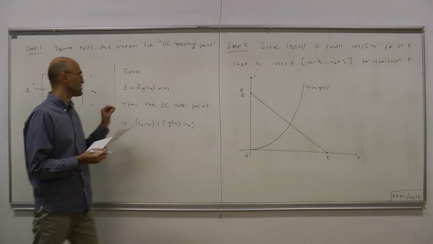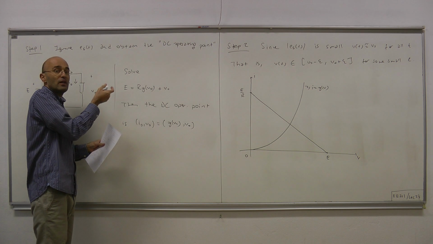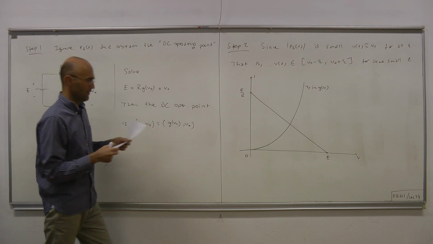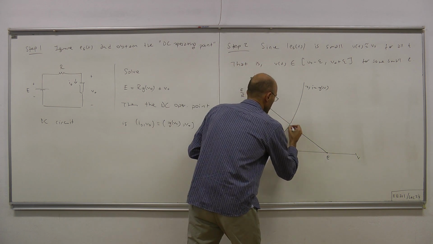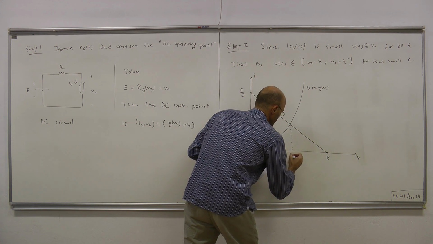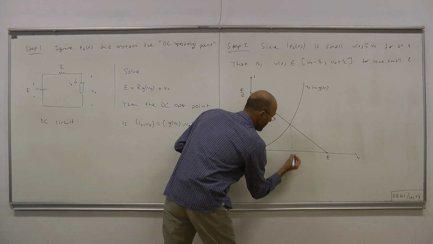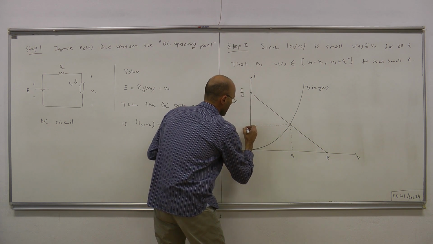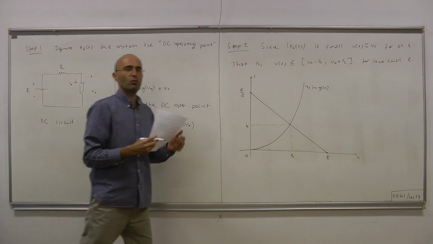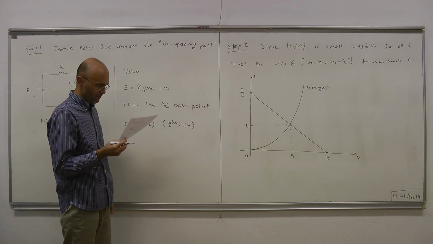And now in this problem, we're calling it the DC operating point. So the voltage corresponding to it is our DC operating voltage, which we call V0. And the current corresponding to it is our DC operating current, which we call I0.